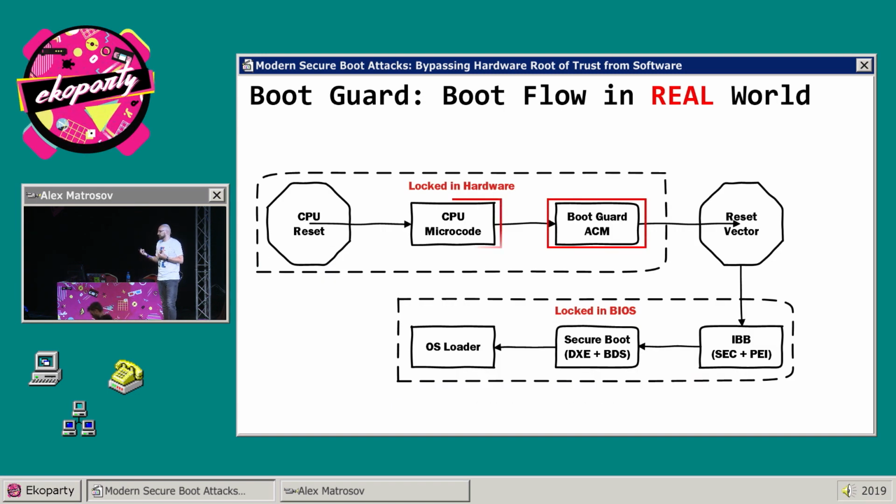So if the BootGuard ACM is compromised, and if we downgrade the microcode with known issues, it doesn't make sense to rely on all the checks which exist at the upper level of the boot process inside the BIOS firmware, because it's already done, it's compromised, right? So that's how the reality is.